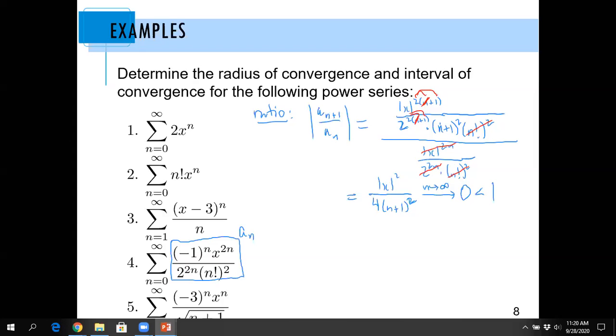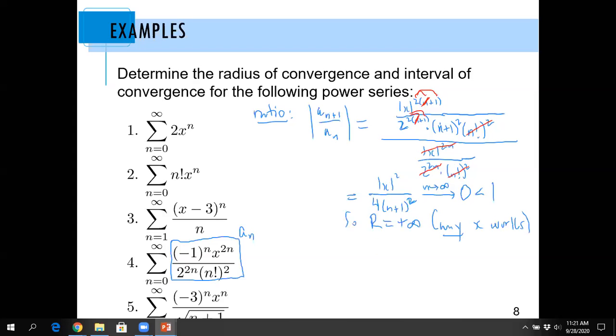So what do I do with that? What does that mean about the radius of convergence? That means that I can plug any x value in, right? Right. So r is equal to plus infinity because any x works, right?